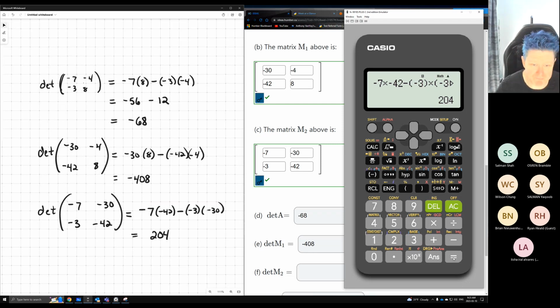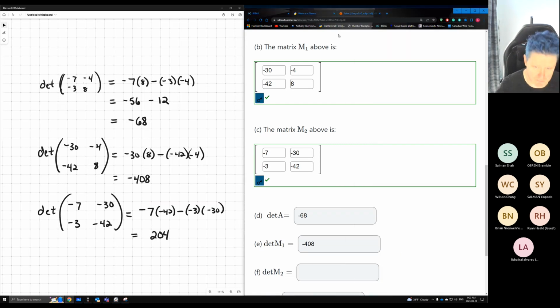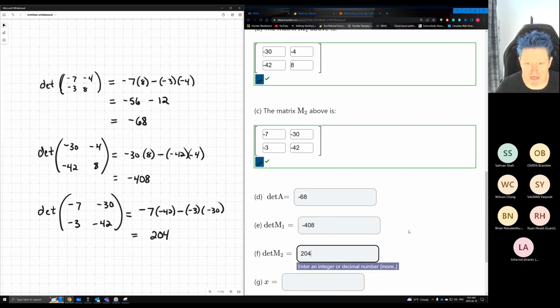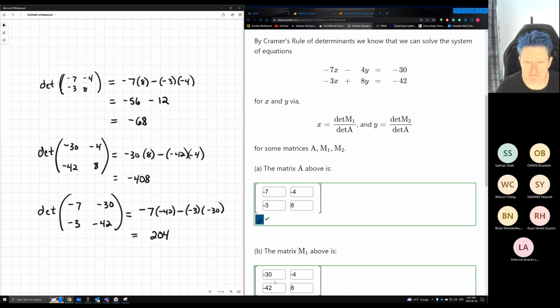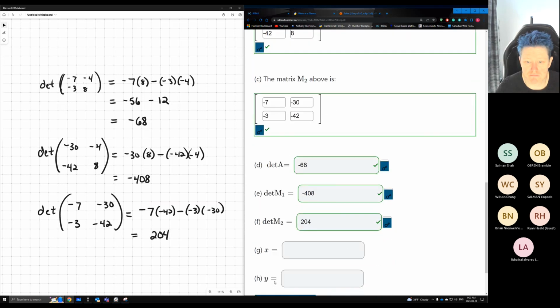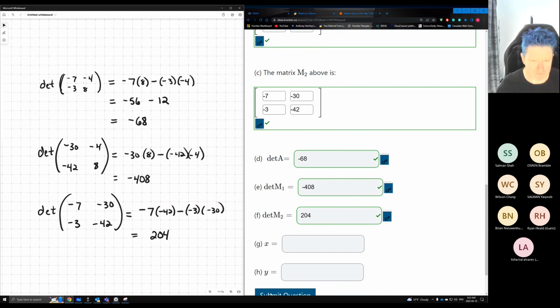Positive 204. Let's see if those are correct. And they are. Okay, so far, so good.